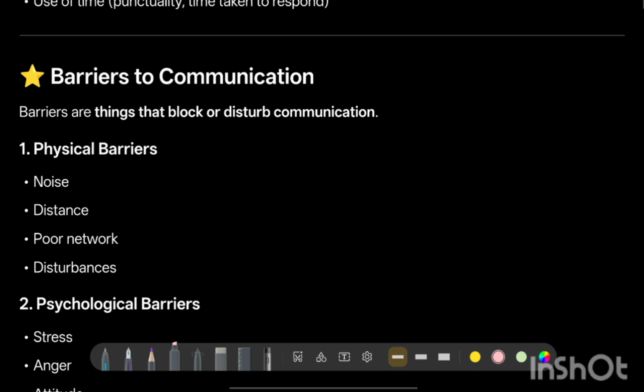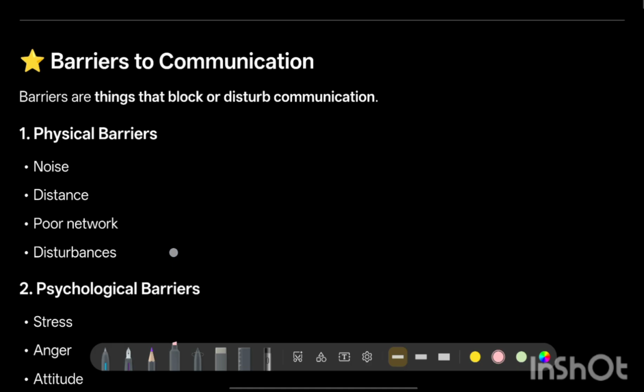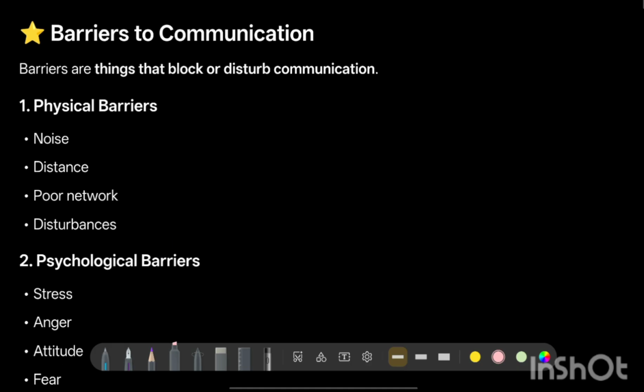If you are late, you are not allowed to enter. You don't have to be too early, and you don't have to be late. You just have to be on time. That is called chronemics.